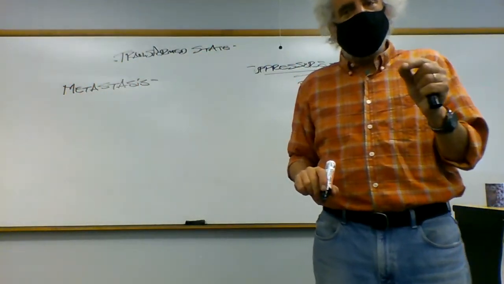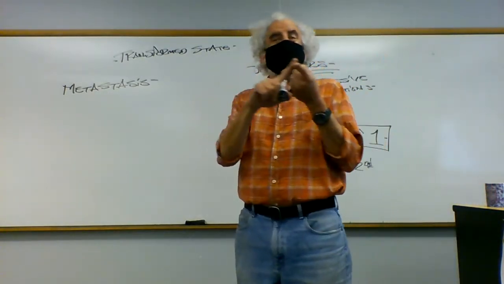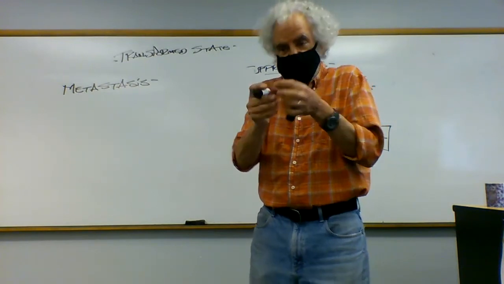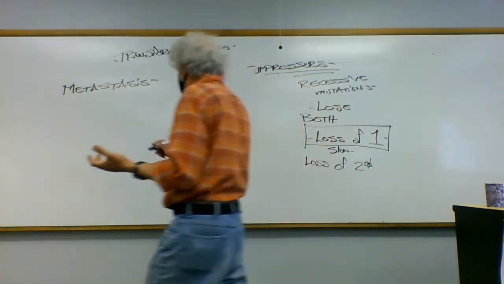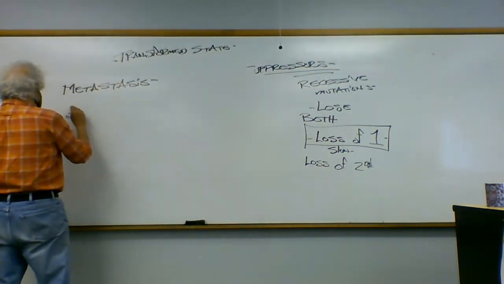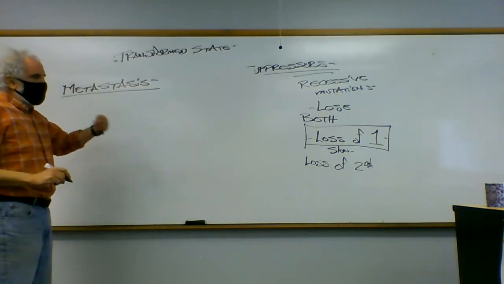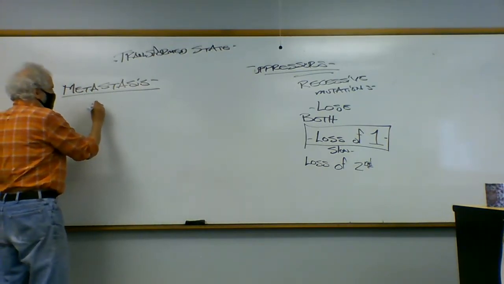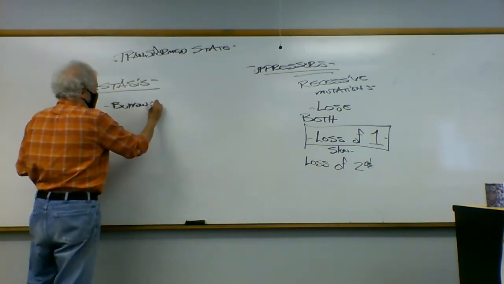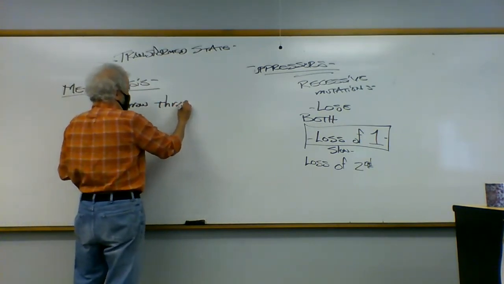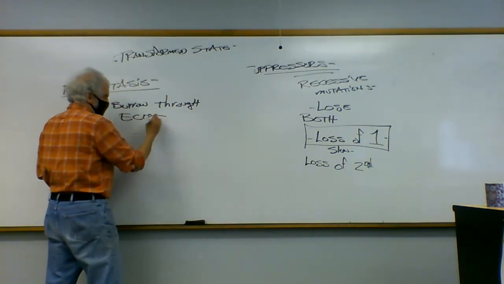Metastasis occurs when cells of the primary tumor lose their adhesion molecules. They begin to actually lift off of the epithelial surface. And additionally, cells that are metastasizing can begin secreting enzymes that allow them to effectively burrow through the extracellular matrix.